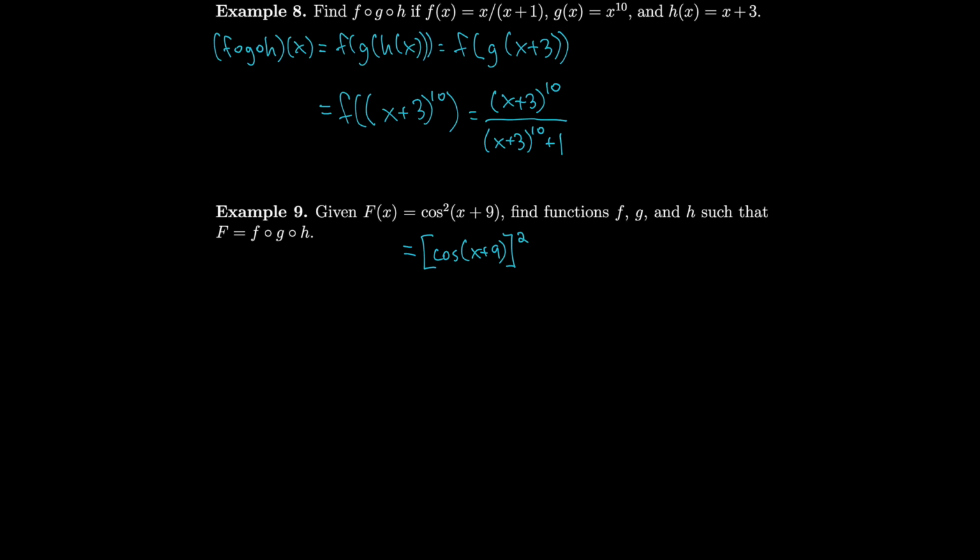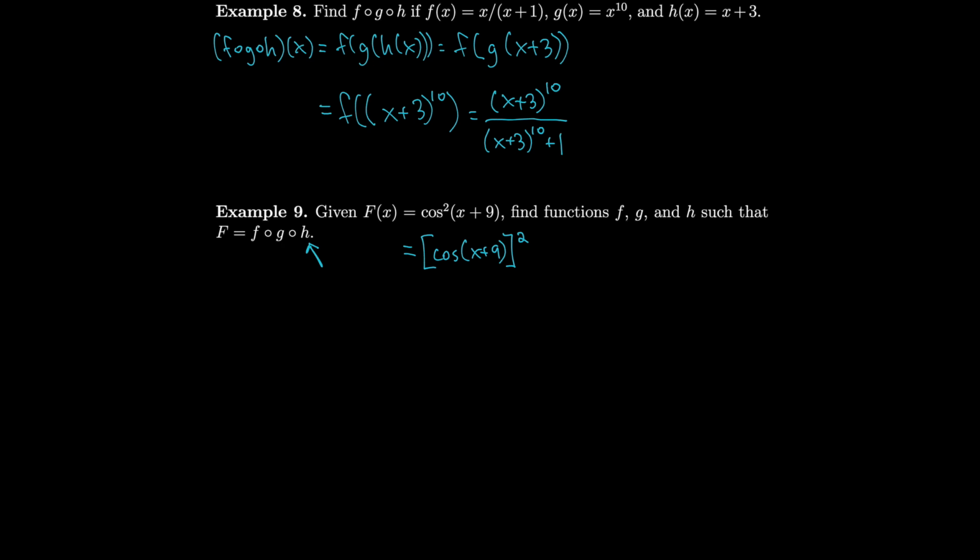So we want to find functions that, well, let's start from the innermost part, kind of like PEMDAS. First, we can look at what's happening in here, which is x plus 9. And then it looks like we take the cosine of that. And then it looks like we square it. So we start with this function first, then we apply the next one, and then we apply the last one. It's a little reversed order.